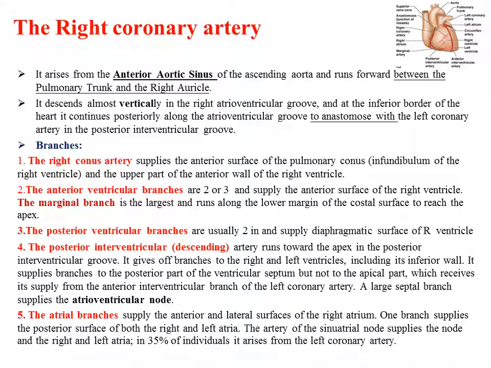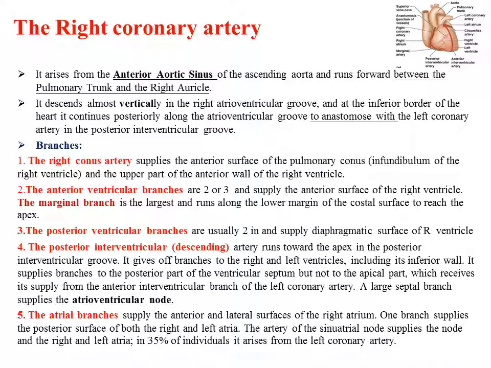By sinuses we mean a dilatation, a hollow just after the aortic valve, through which the artery comes out from the ascending aorta.